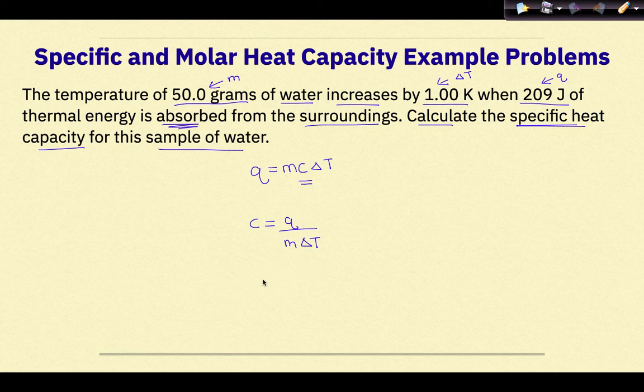Plugging in, C is equal to 209 joules divided by the mass, 50 grams, multiplied by the change in temperature, 1 Kelvin. If I do all the math, I should get a specific heat capacity of 4.18 joules per gram Kelvin, which is what I want in terms of my units for specific heat capacity.